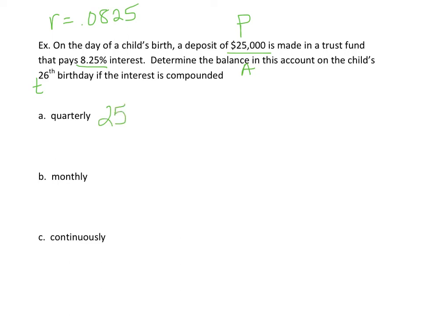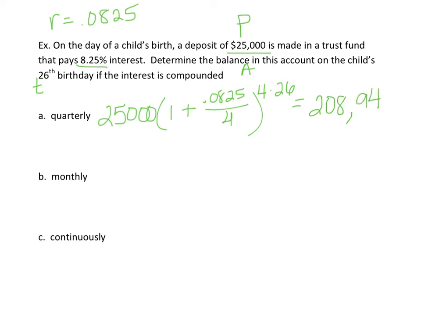So that's 25,000 times 1 plus 0.0825 over 4, quarterly being 4 times a year, to the 4 times 26. And my account would now be $208,941.65.